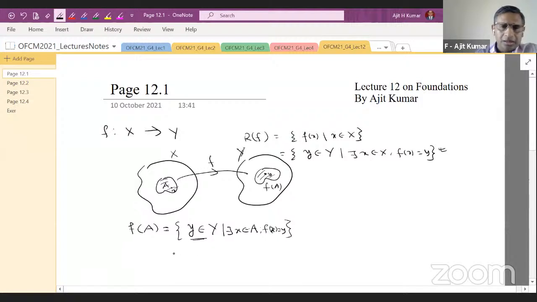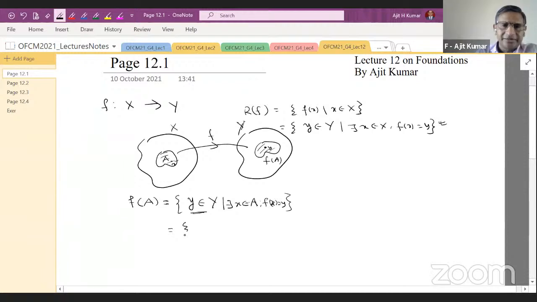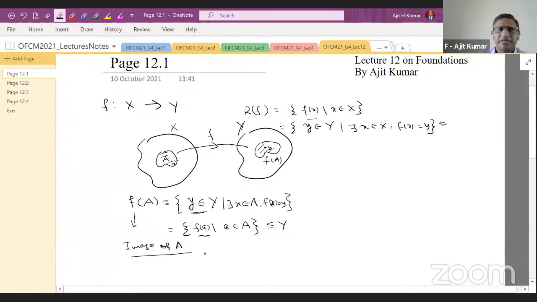On the other hand, most books will define it like this: collect all the images of elements from A, f of a such that a is in A. Again, since this is an element of Y, this is a subset of Y. And this is what we call the image of A.